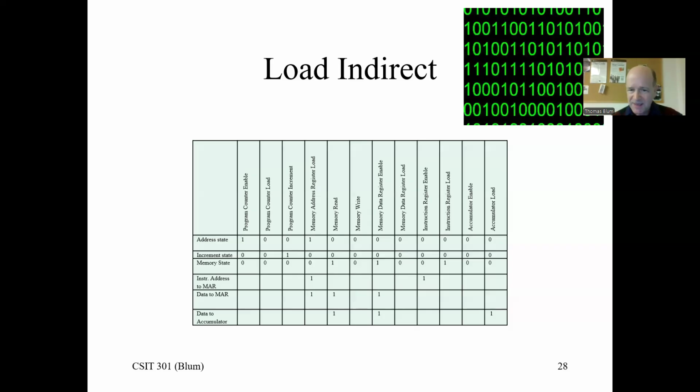And then in my last step, I'm finally pointing my memory address register. The second address is pointing to the actual data I want now. So once again, I'm going to read it. That puts it into the memory data register. I want to move it around, so the memory data register is going to enable and put it on the bus. And then I take it into the accumulator.